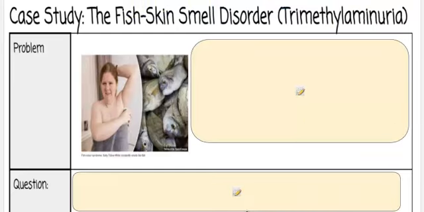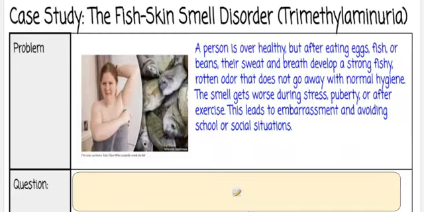So let's apply this in a case study. There's a problem. Some people have a fish skin smell disorder. With this disorder, a person who is overall healthy, after eating eggs, fish, or beans, has breath and sweat with a strong, fishy odor.